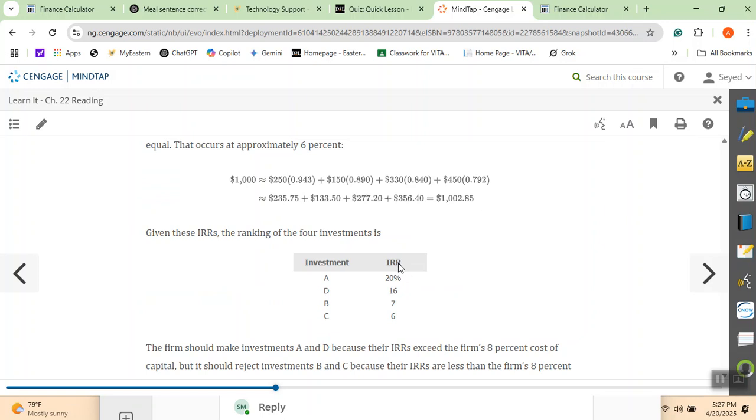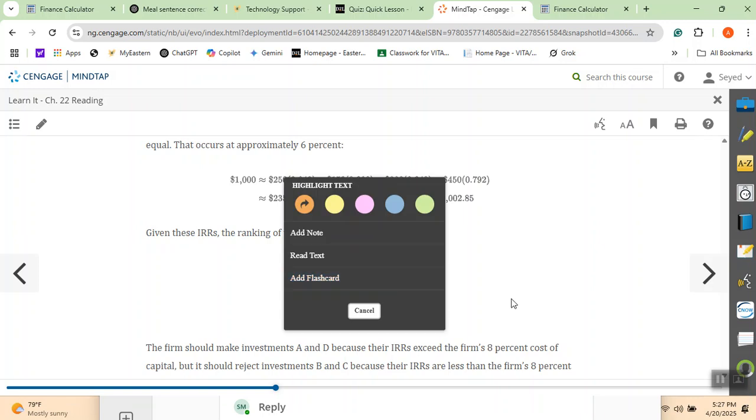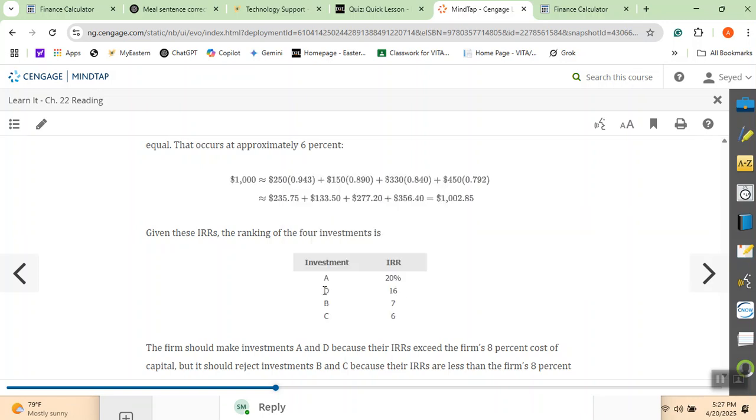IRR, internal rate of return. The first case, case A, when we bought a tractor trailer, gave us a return of 20%. There is another project that gives us 16%. We accept this project as well because our cost of capital is 8%, and here the return is 16%.